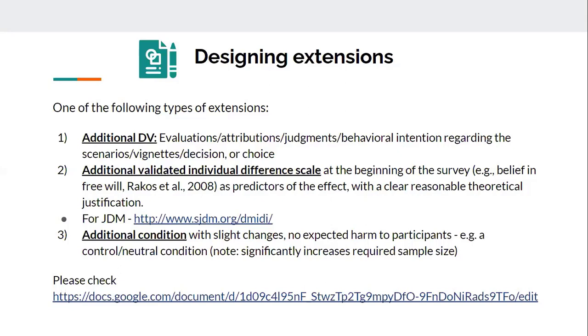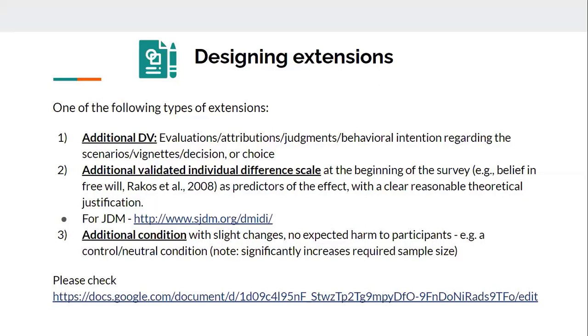To design your replications, you choose one of these three options. The first one: you add an additional dependent variable. This is relatively simple. This may be an additional evaluation, attribution, judgment question, or binary choice question, or something like a behavioral intention question, such as willingness to play.